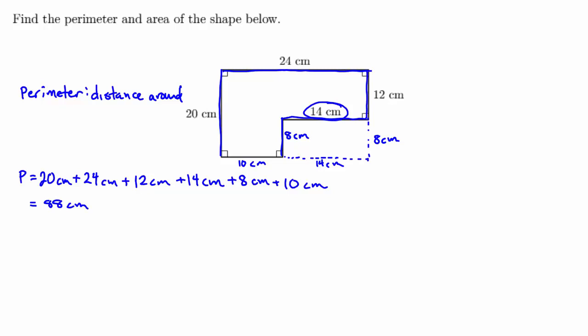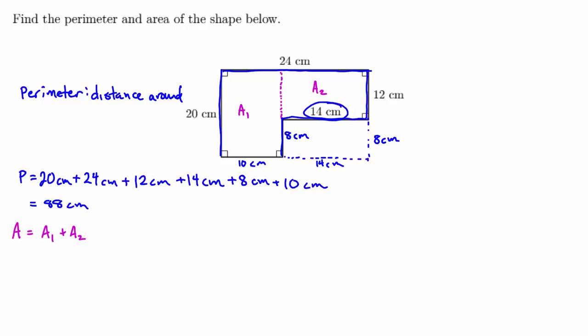For the second piece, we'll go through and calculate the area. And I'm going to put a dashed line through this figure and turn it into two rectangles. And I'll label them with A1 and A2 just to make it easier to keep track of my work. So for the area, I'm going to have A1 plus A2.